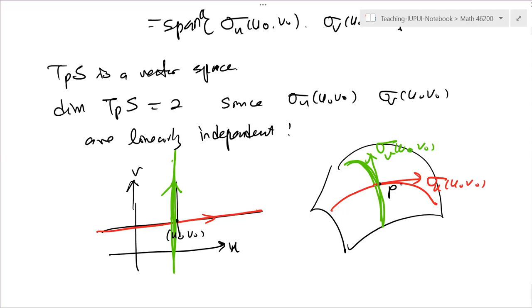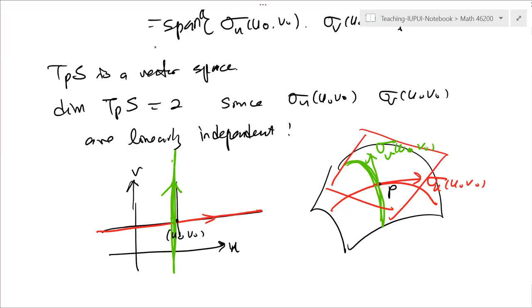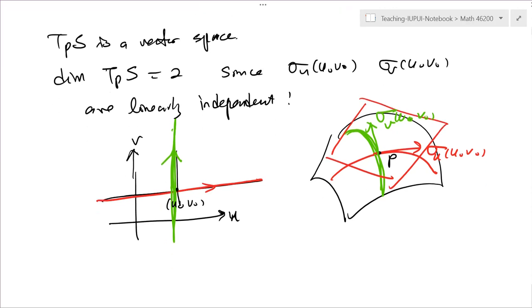So those sigma u and sigma v are both tangent vectors, because they are tangent at the point. And the geometric meaning of each vector is the tangent to the curve, coming from this horizontal line and this vertical line.